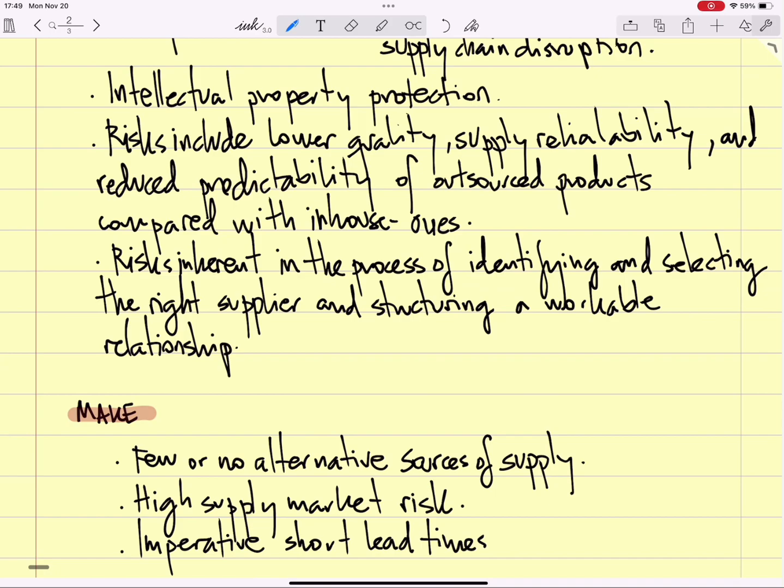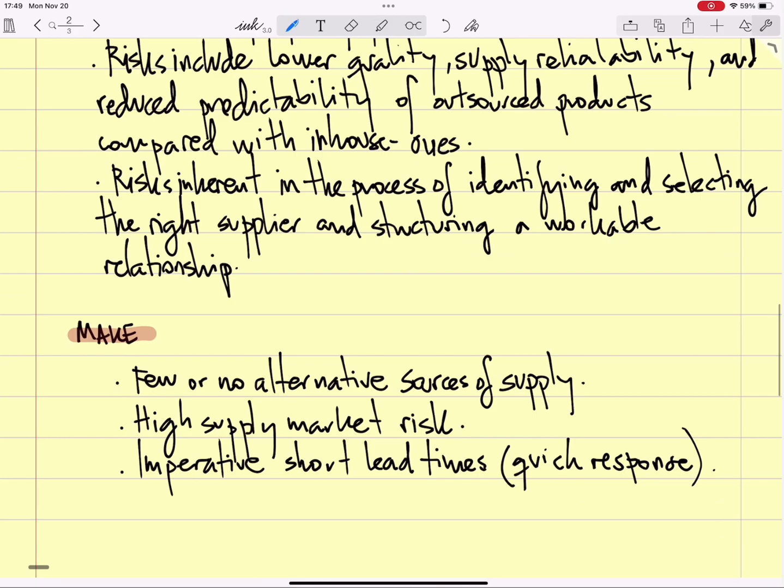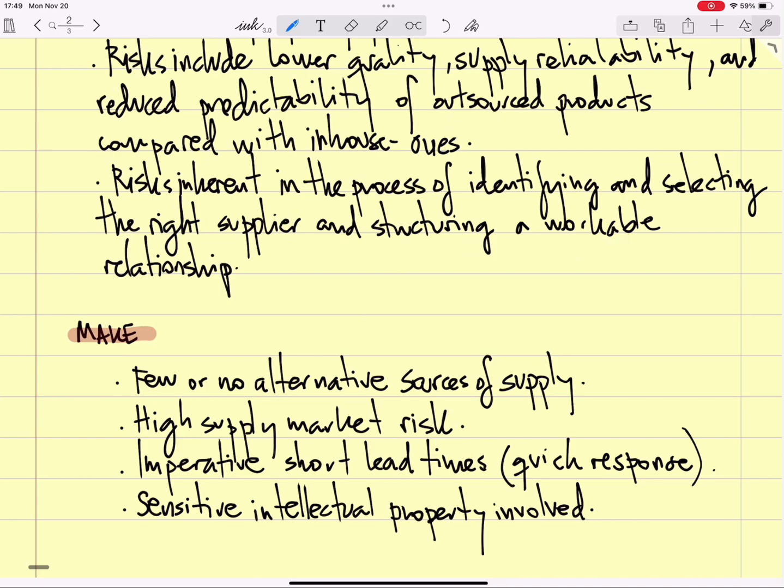So you need to have a quick response on demand due to process imperatives. In this case, you always make. Or if there is sensitive intellectual property involved.